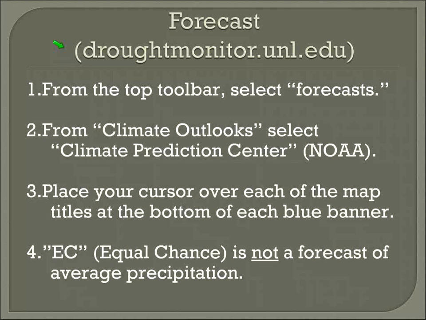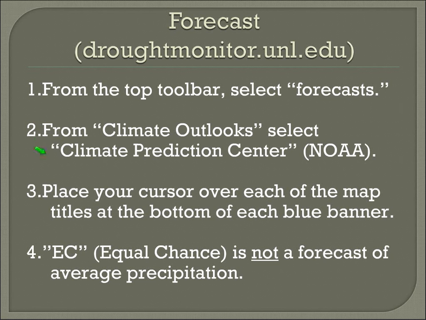All you need to do is go to the Drought Monitor website. In fact, if you want to just type this in on a search engine, all you have to do is type the 2 words Drought Monitor, and at that point you can go to the top toolbar and select forecast, and you can follow these guidelines as you go through.